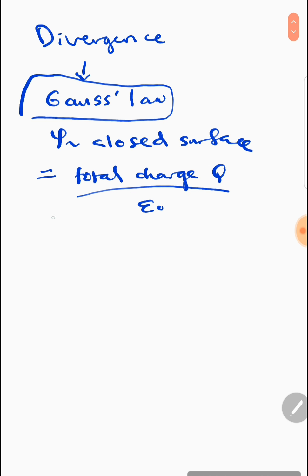So what it tells us can be expressed in mathematical terms. The electric flux, I'm just going to put this in terms of E dot n cap dS, alright? So what it says in this first part is that electric flux through any closed surface is equivalent to the total charge Q enclosed by the surface.